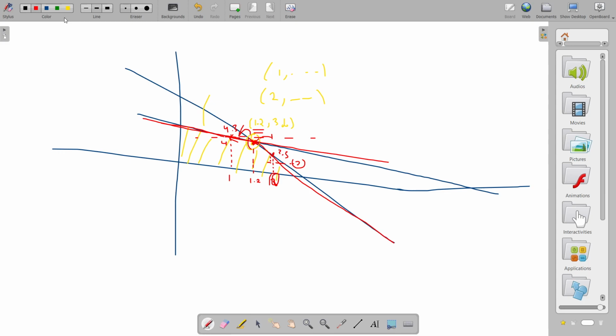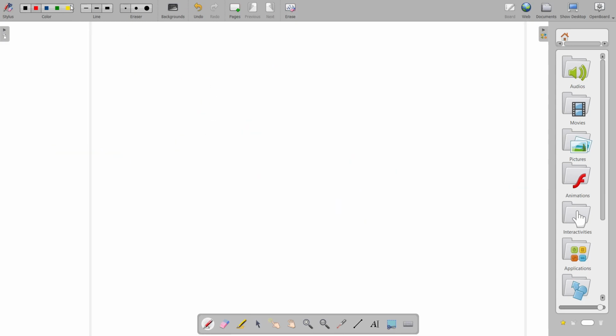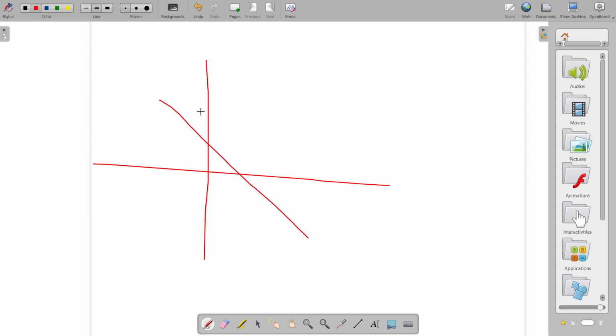There are a few things as well. For example, it's not necessary that the two lines intersect. If that is the case, the answer would be this length or this length, whichever is the greater length.